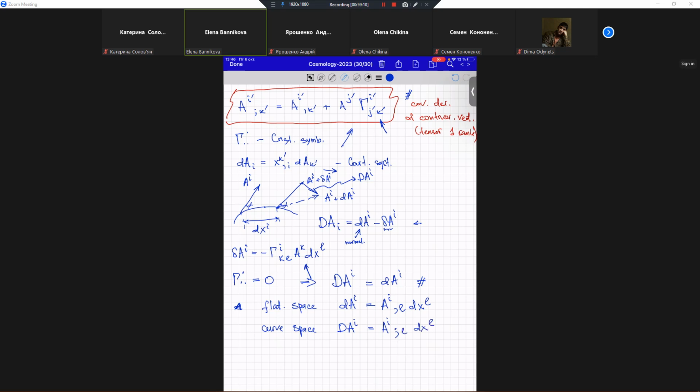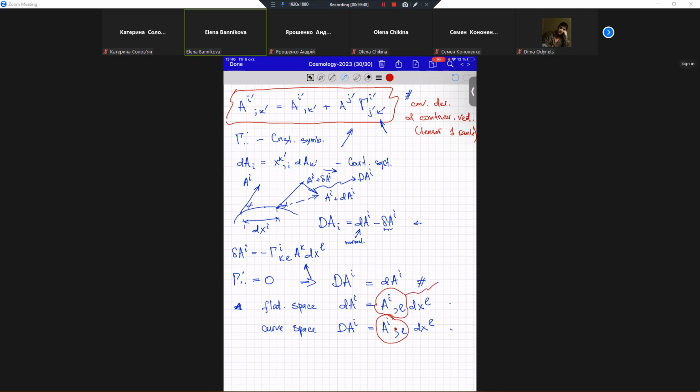You can see why it's convenient to put a comma here and a semicolon here, because if you write the normal derivative and differential and the covariant differential, the formulas look the same. The difference is only here. But you need to remember that this one is really different.